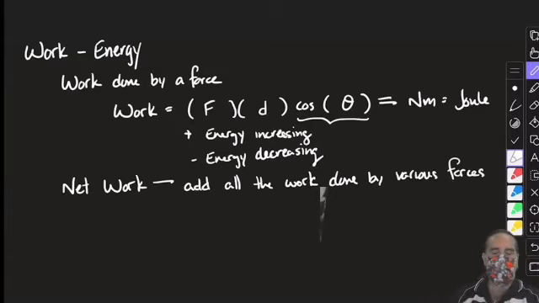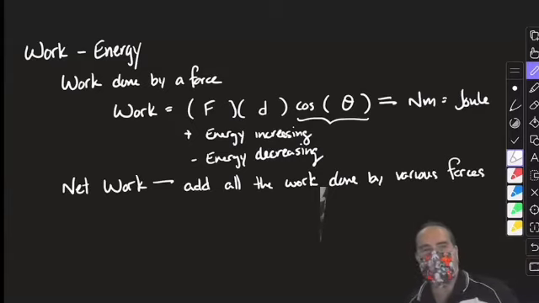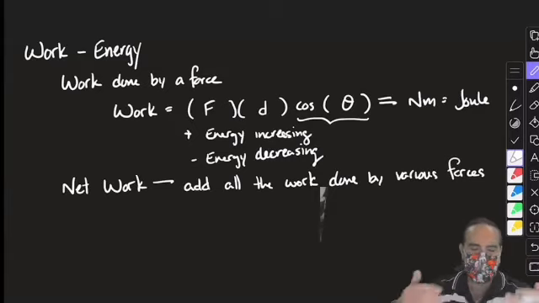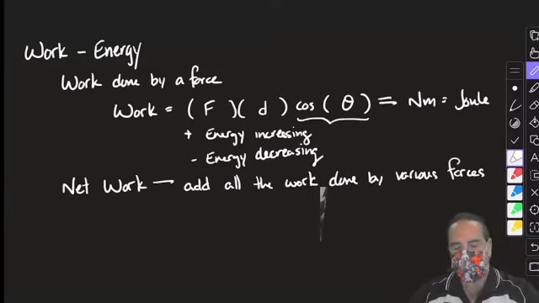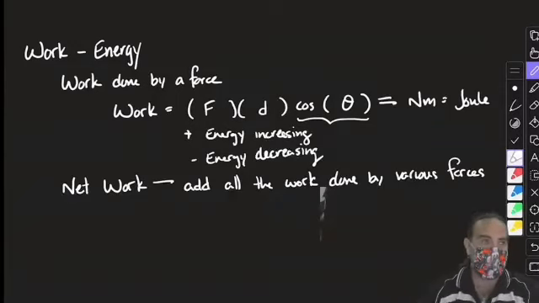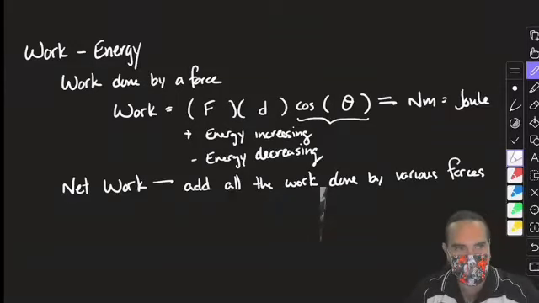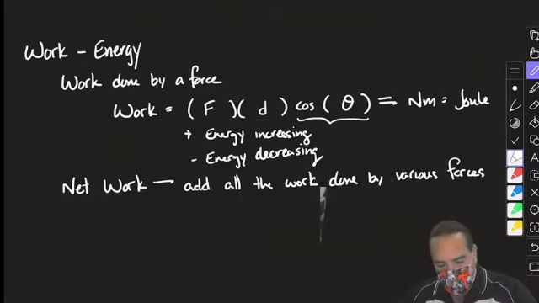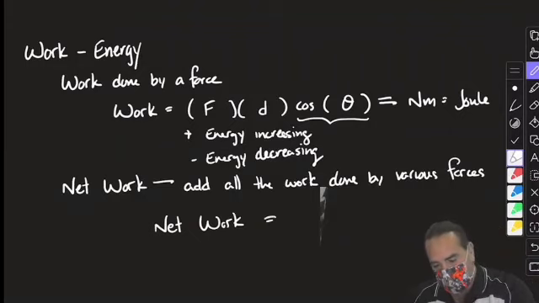So we're adding all the work done by various forces acting on the object. When we do that, we're adding and subtracting work depending on multiple forces that could act on the object. But what we said in the outcome of that was that net work also implies that if something has changed about the object, it would show up in net work. Meaning, if net work was done, then that's going to equal a change in the energy of the object.